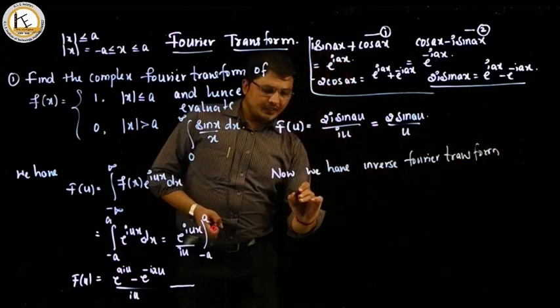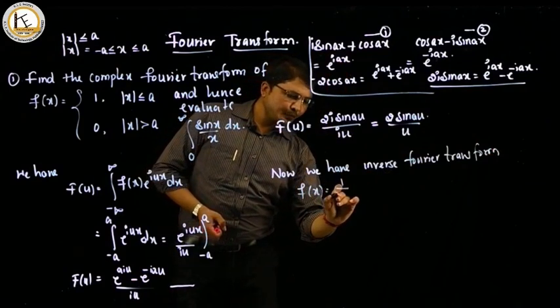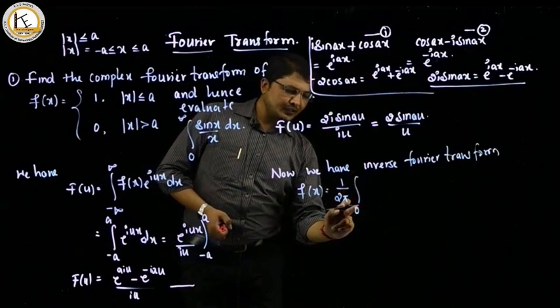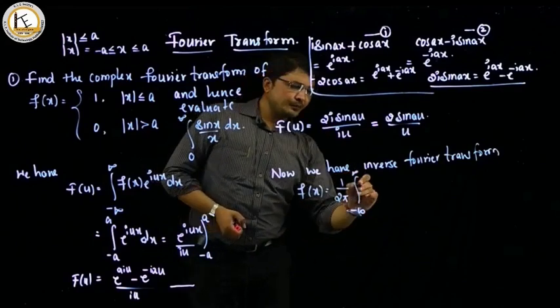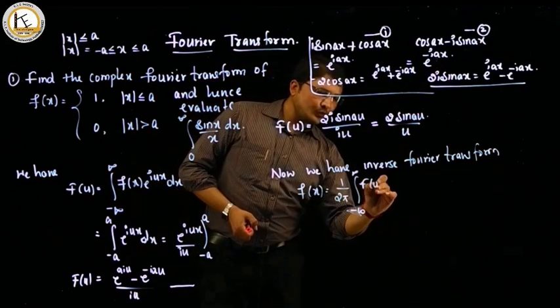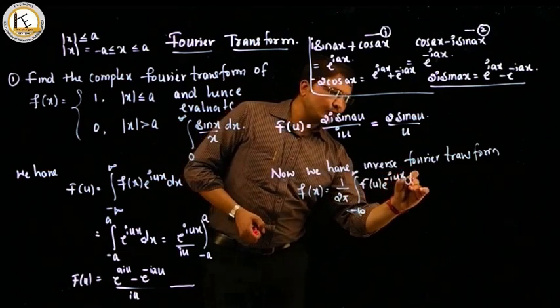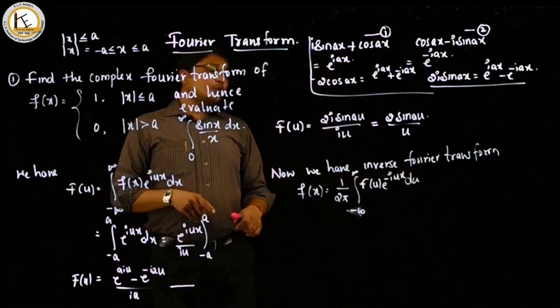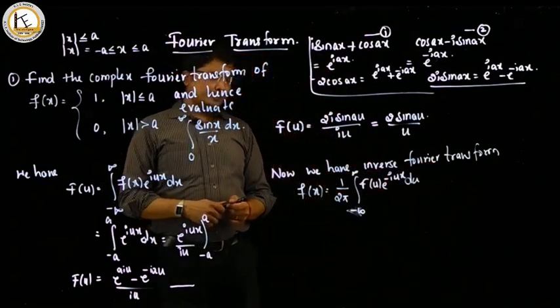We have a formula: f of x equal to 1 upon 2 pi, integral from minus infinity to plus infinity, f of u e raised to minus iux with respect to u. So this is the inverse Fourier transform formula, and by using it we can evaluate this integral.